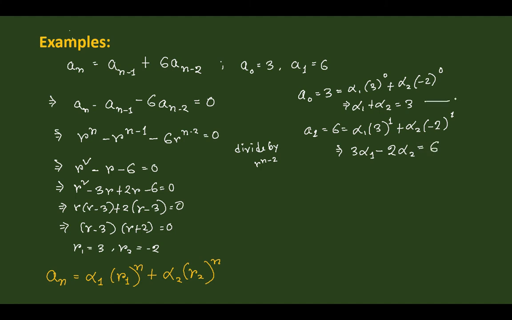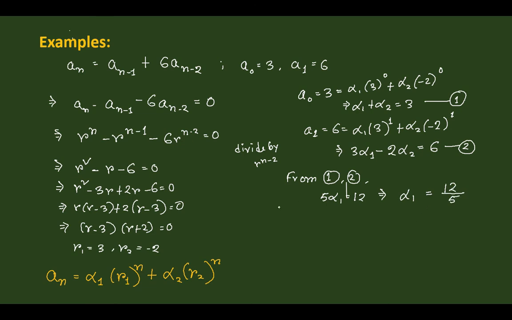Now if this is equation 1 and this is equation 2, from 1 and 2, if we multiply the equation 1 by 2 and then add it with equation 2, then it will result in 2 alpha 1 plus 3 alpha 1, that would be 5 alpha 1. 2 alpha 2 minus 2 alpha 2, that would be 0. And 3 into 2 is 6. 6 plus 6 would be 12. So alpha 1 is 12 by 5.